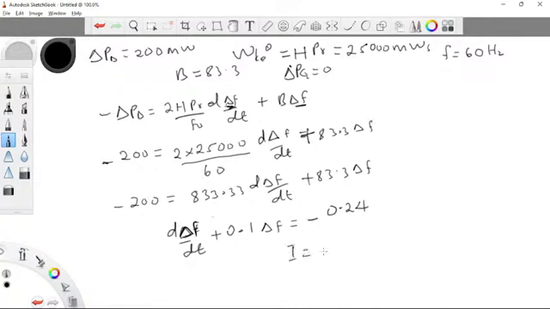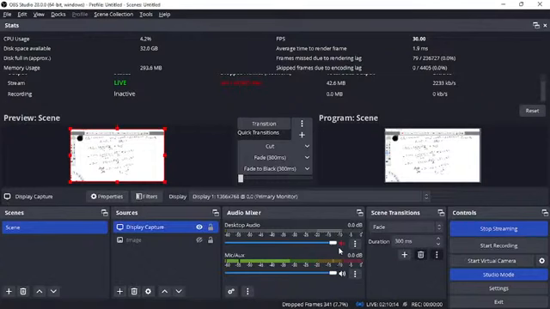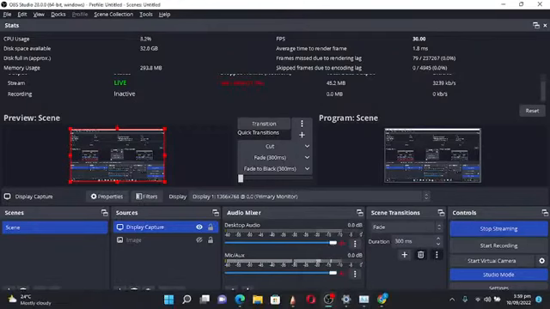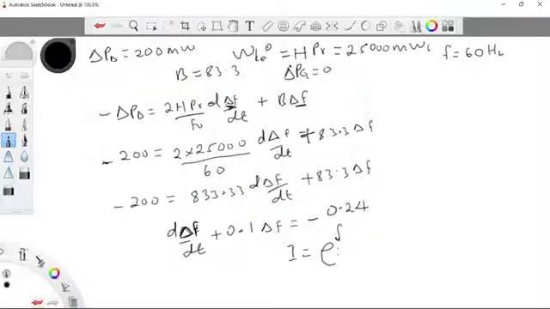Our integrating factor is e to the power integral of 0.1 dt.